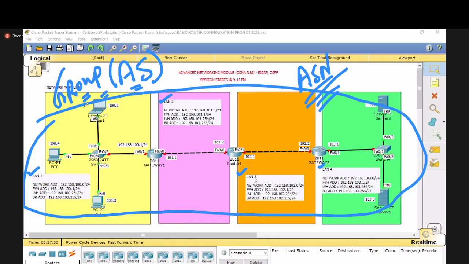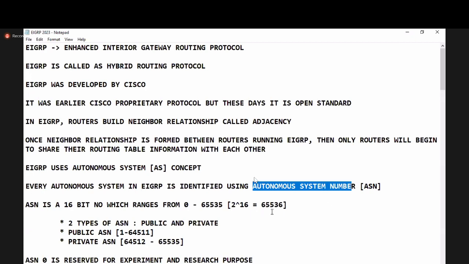EIGRP always performs routing in a group of IP networks, like this LAN 1, this LAN 2, this LAN 3, this LAN 4. These all come in one group to perform routing by EIGRP. The autonomous system is identified using the autonomous system number, that is what we call ASN.